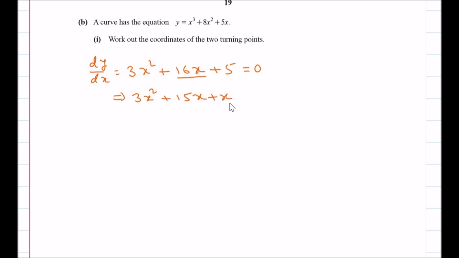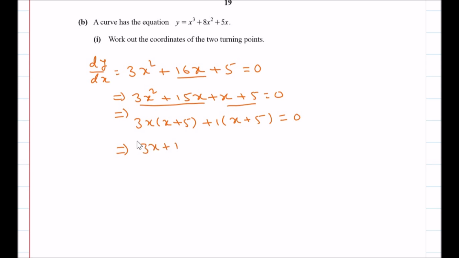If you multiply 15x into x, you will get 15x square, and if you add, you will get 16x. Plus 5 here, equal to 0. This implies that now we have to take the first two terms, last two terms, and factorize them. So 3x common, x plus 5. In x plus 5 only 1 is common, so 1, x plus 5, that is equal to 0.